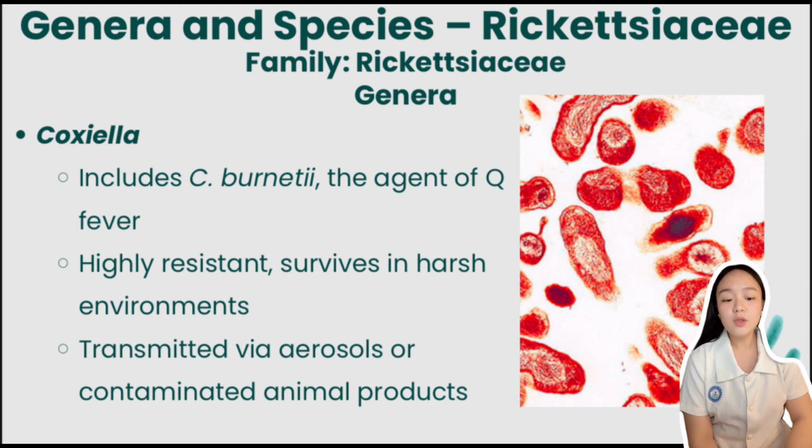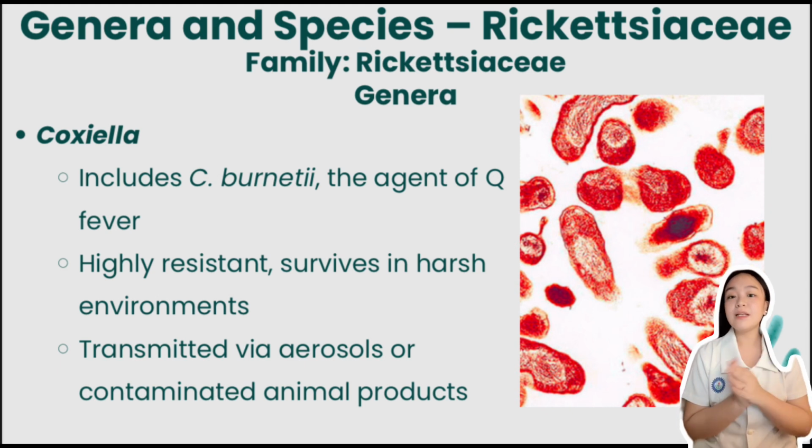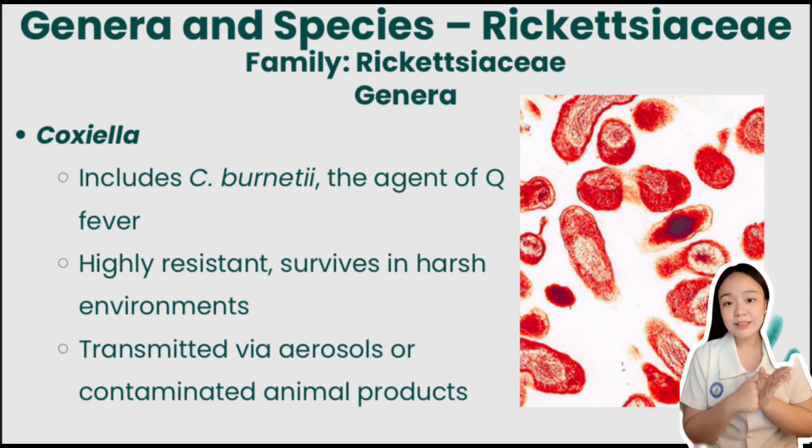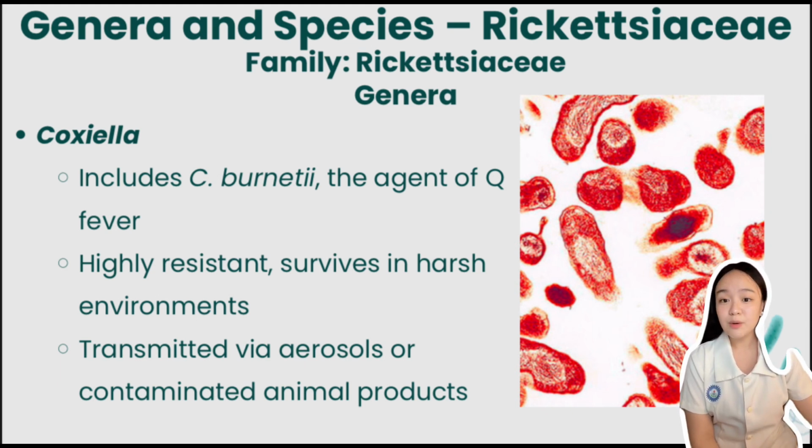It includes C. burnetii, siya yung main species in genera Coxiella, the agent of Q fever, which we're going to talk about later. They are highly resistant, survives in harsh environments. So, kung kanina yung ibang bacteria ay mabilis mamatay, itong si Coxiella, kaya niyang mag-survive sa harsh environment.